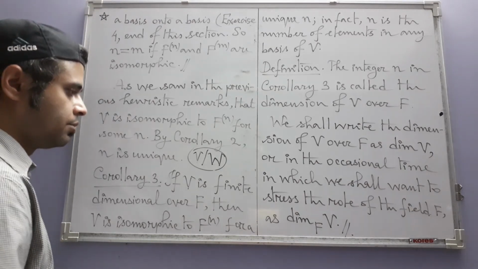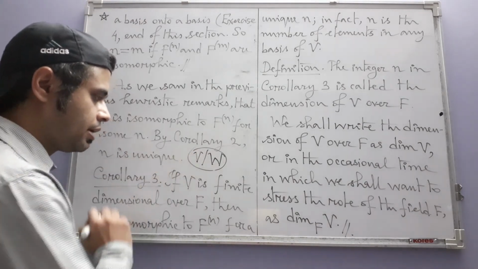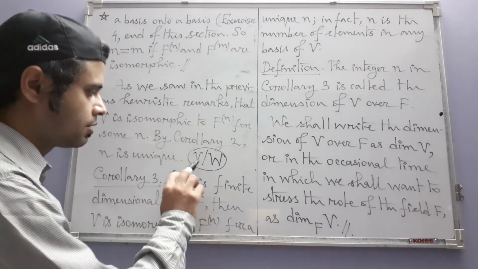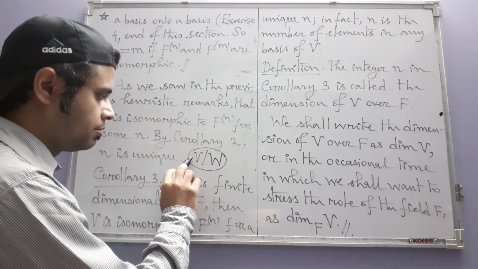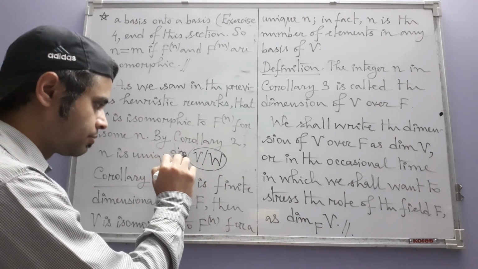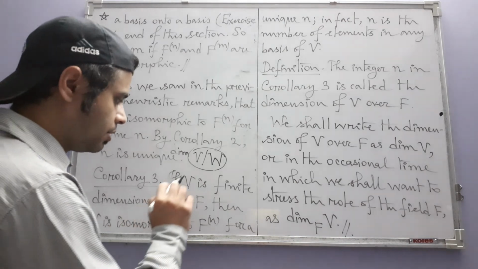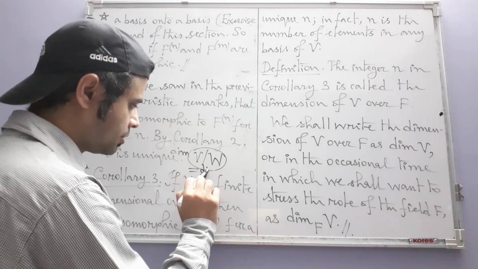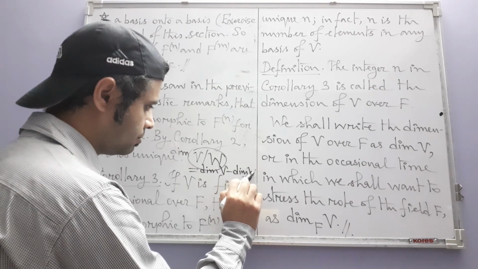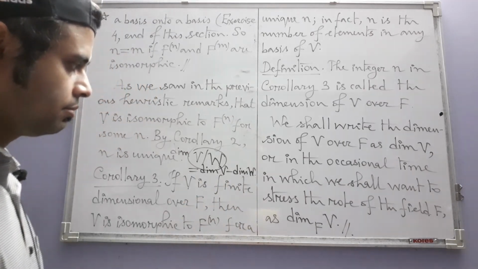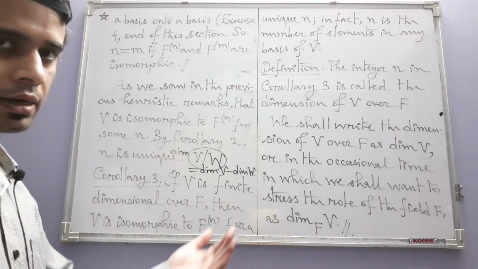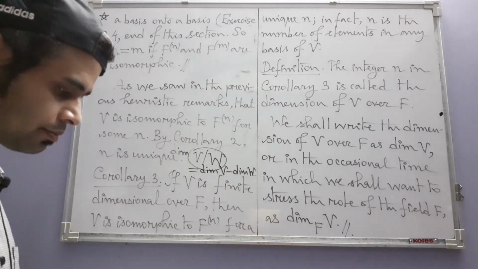Okay, so we will show that if V is finite dimensional, then W is also finite dimensional and V by W is also finite dimensional, and in fact the dimension of V by W is the dimension of V minus the dimension of W. With this result, I think the section will end and then there are exercises.